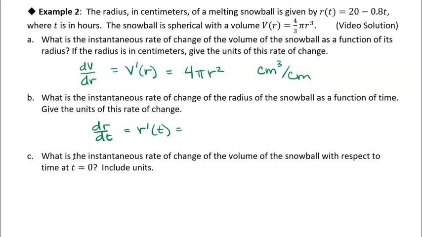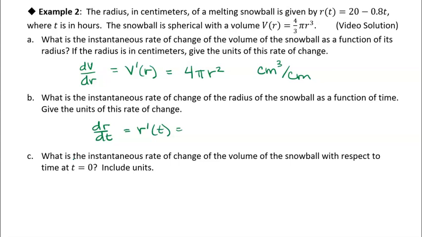Sometimes the Leibniz notation is nice because it tells you what variable you're taking the derivative with respect to. In part A, we were taking the derivative with respect to radius. Here we're taking the derivative with respect to time.